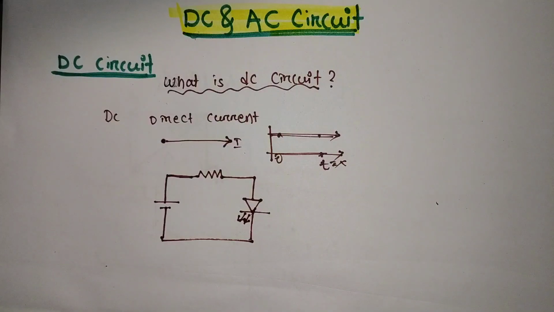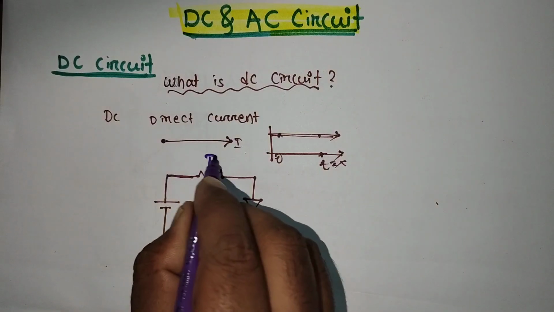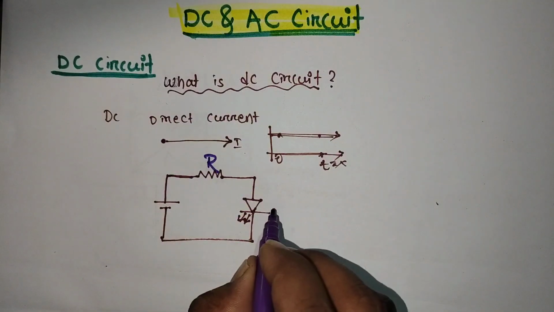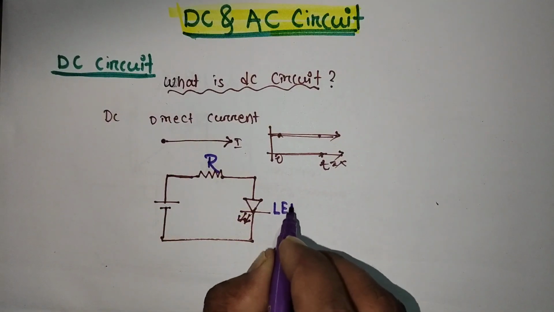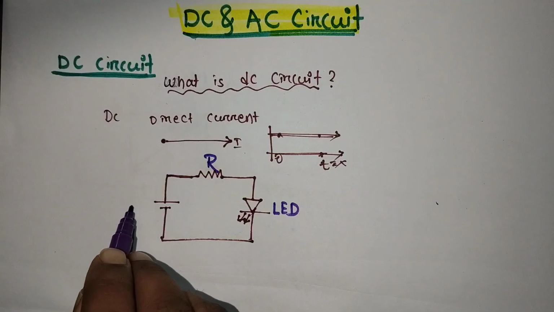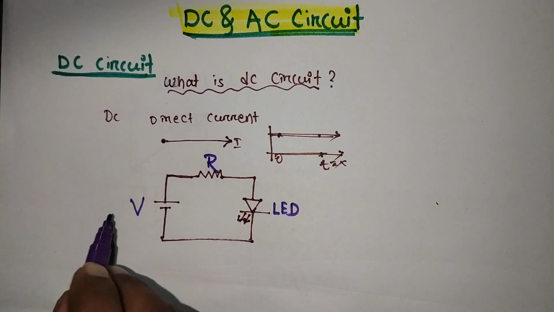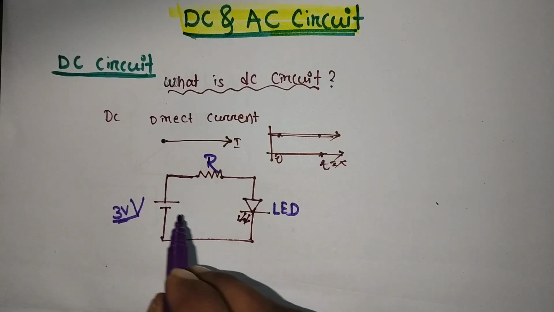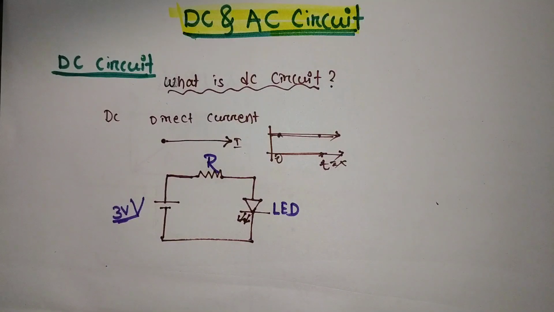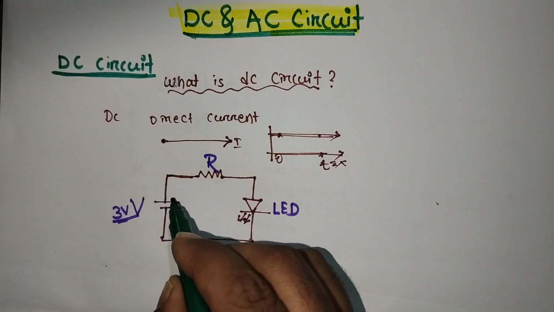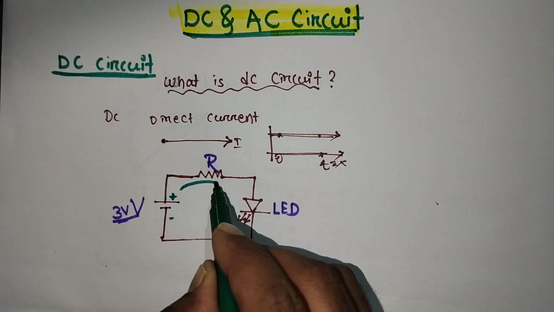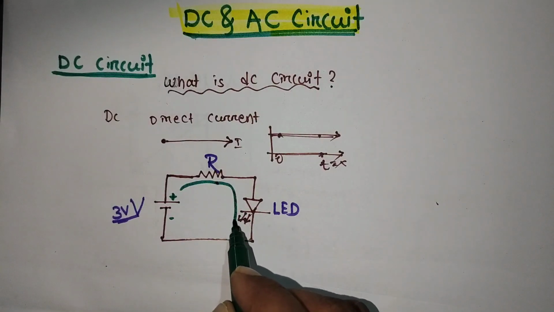This is one resistor, which I represent by the name R, and this is the LED. If we apply some voltage, suppose 3 volt or 5 volt, any volt I can apply, the current will flow from the positive terminal to the negative, positive through that resistor and the LED.